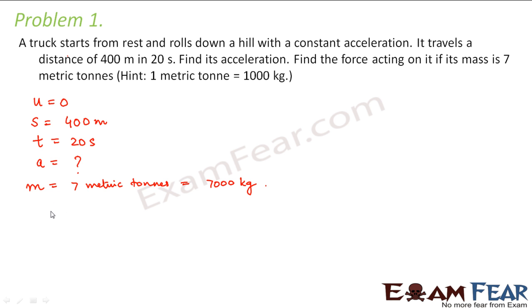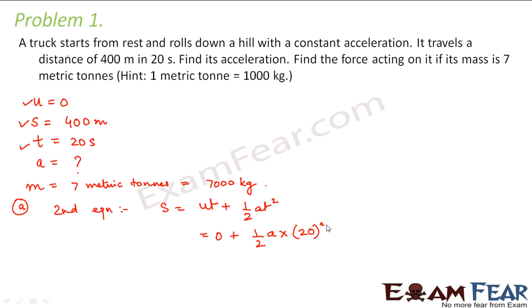In order to find out the acceleration, we are given S, U and T. So which equation of motion will suit it the most? The second equation. Second equation says S is equal to ut plus half at squared. So u is 0, so this will be half a t squared, that is 20 into 20.